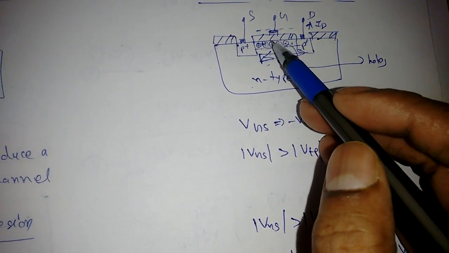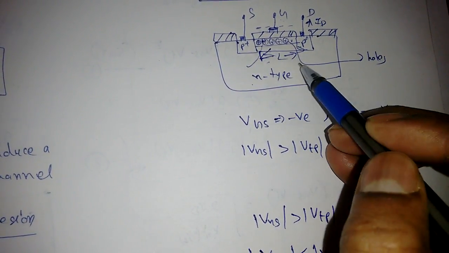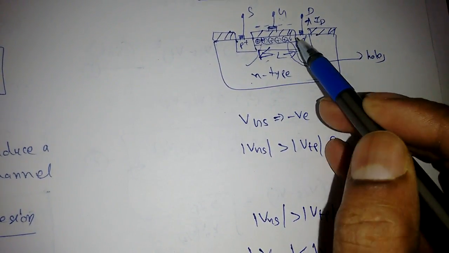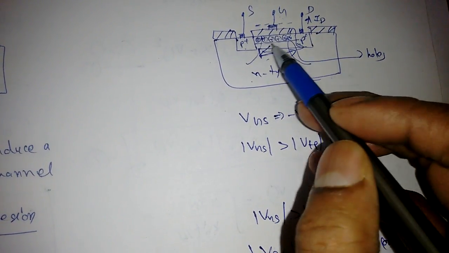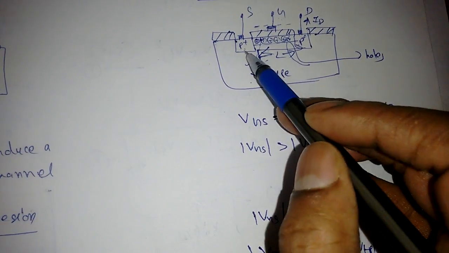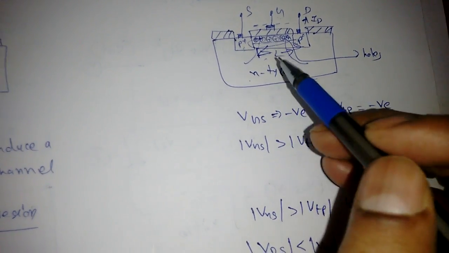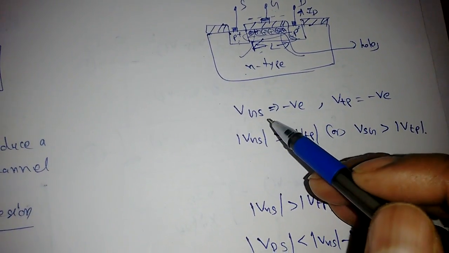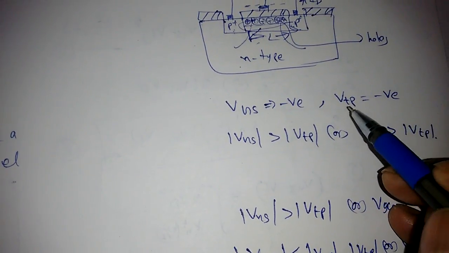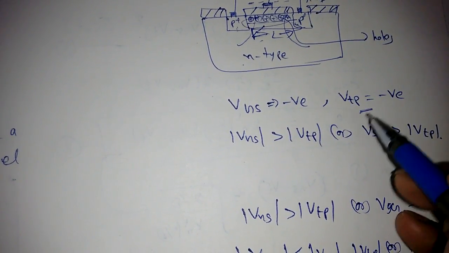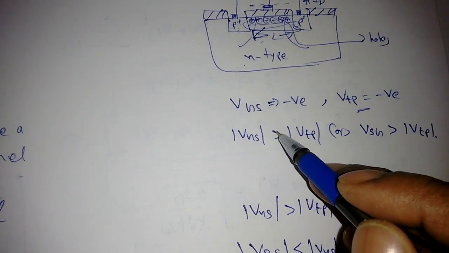Then when we apply more negative voltage here, the positive holes in the N-type substrate will come near this oxide layer, and similarly holes from these two regions, then it will become the strong inversion of the P. Now for strong inversion VGS should be more negative, that means the threshold voltage of PMOS should be negative.